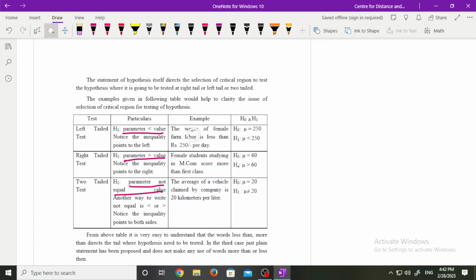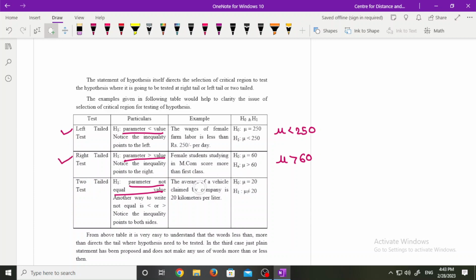Here is an example: the wages of female farm labor is less than 250 per day, that is mu is less than 250. This is our left tail test. When female students studying in M.Com score more than first class, that is mu is greater than 60, this is our right tail test.